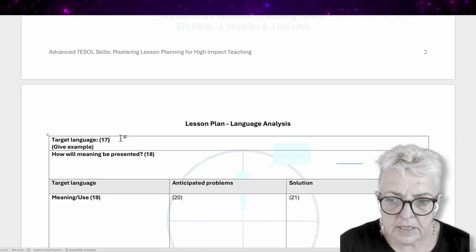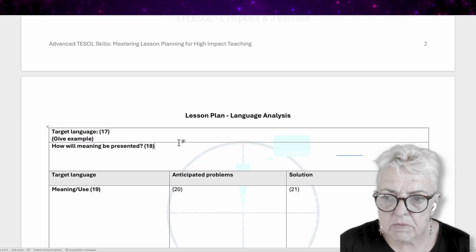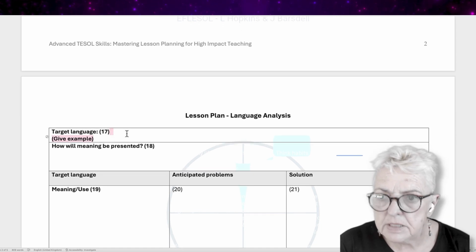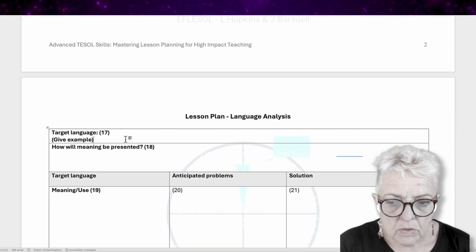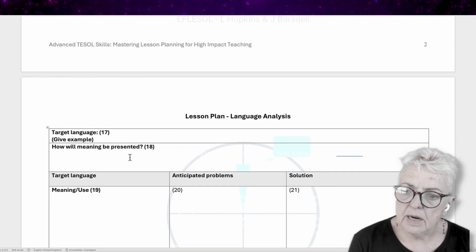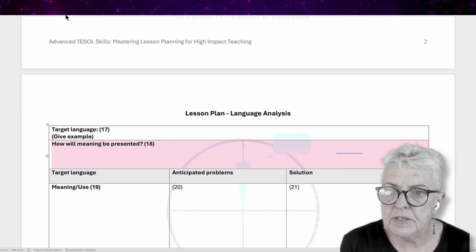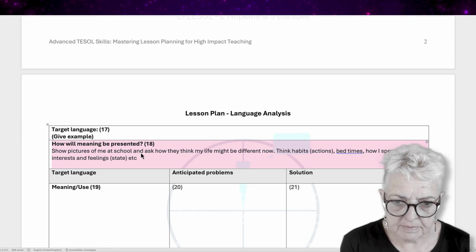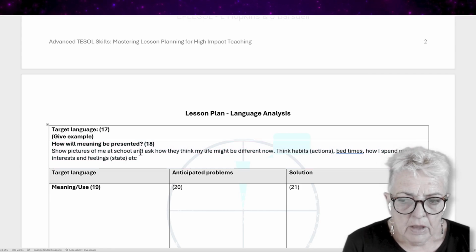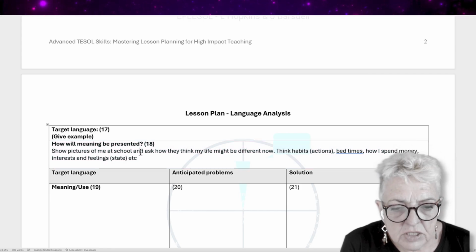Okay, so this is going to be our target language. Oh, I haven't put it in there. Hang on, I'll come back to that then. Okay, how will the meaning of the target language be presented? So this is essentially context as well.